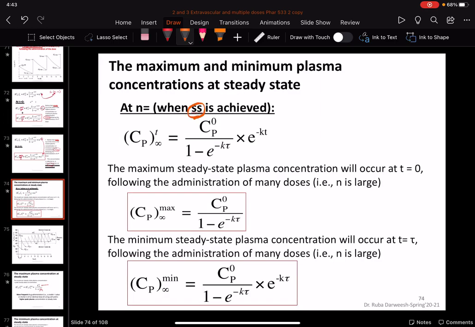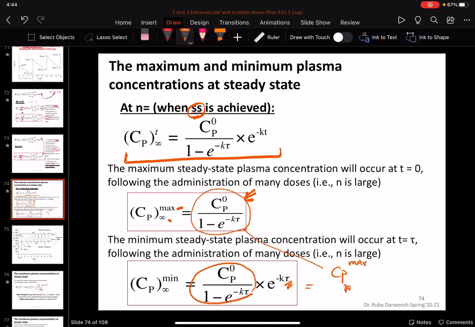When n is equal to steady state, then this is our equation. And if we are talking about the maximum at steady state or infinity, we will have CB naught over 1 minus the exponent of minus k multiplied by tau. Minimum would be the same, but with the exponent term multiplied by tau rather than time, which would be equal to CB naught, now CB max infinity, which is all that, right?